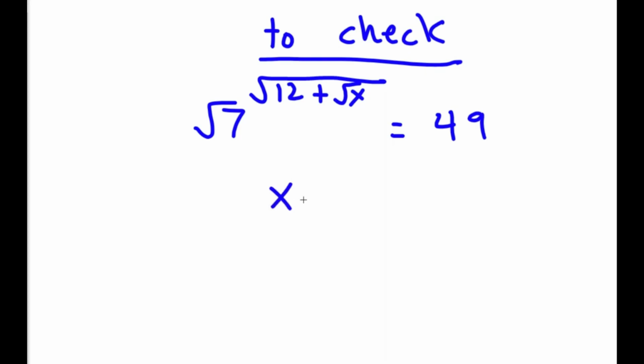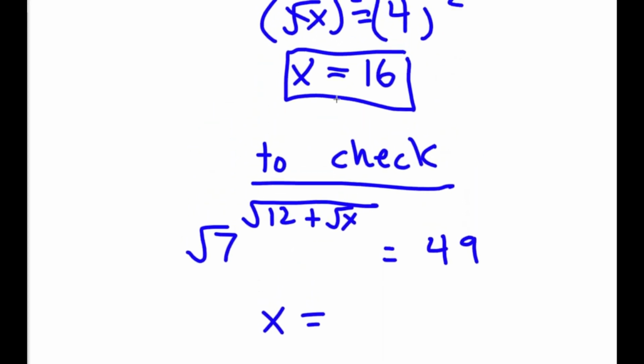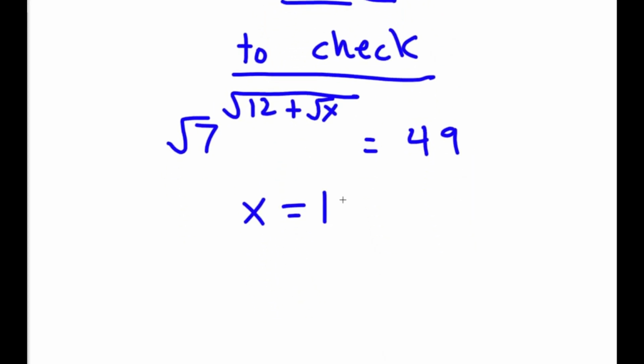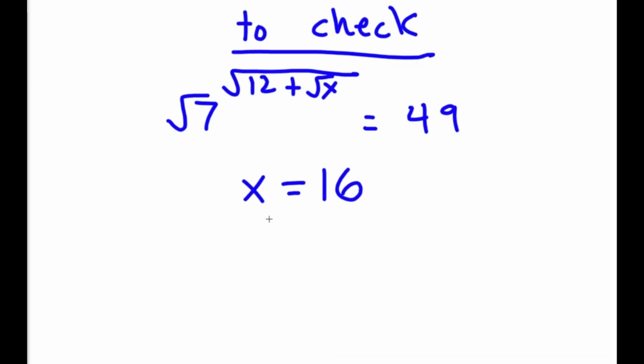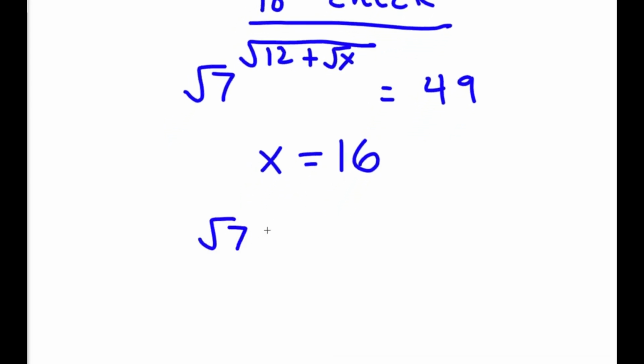Now remember, x is equal to 16. So if I plug in 16 for x, I get the square root of 7 to the power of the square root of 12 plus the square root of 16 is equal to 49.